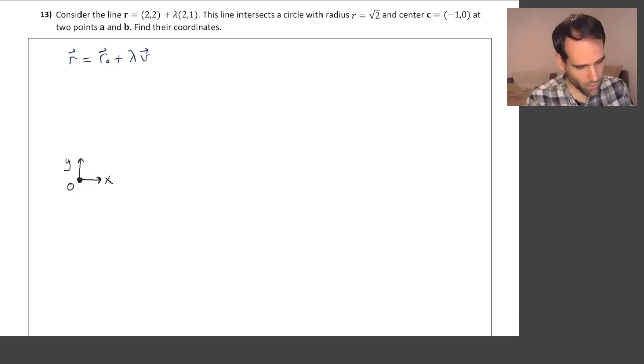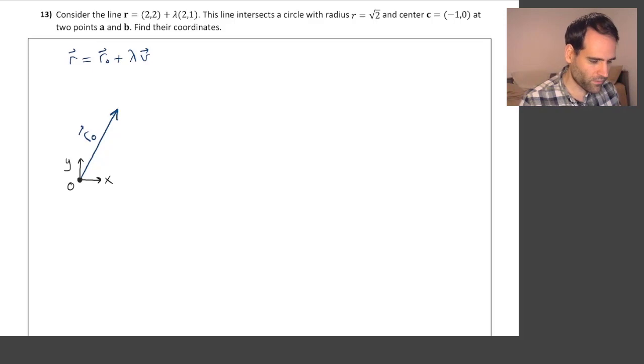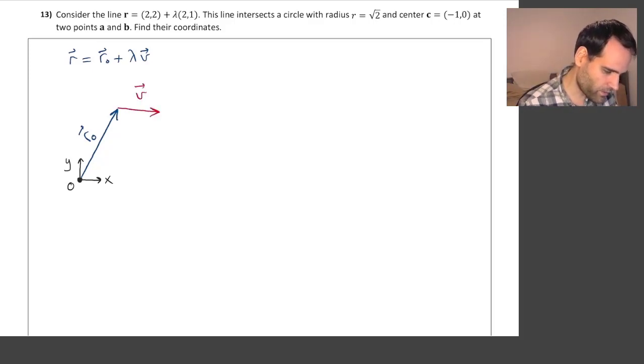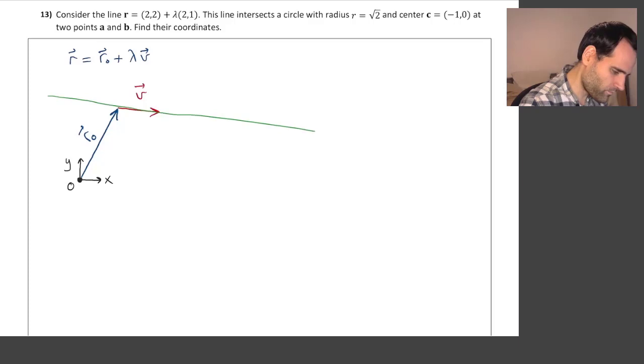So r0 is some vector. Let's draw it like this. This is r0. And then v is a vector. Let's draw it here. This is our vector v, for example. So this means that our line looks like this. That will be our line.